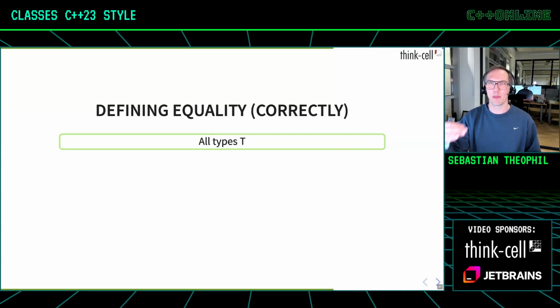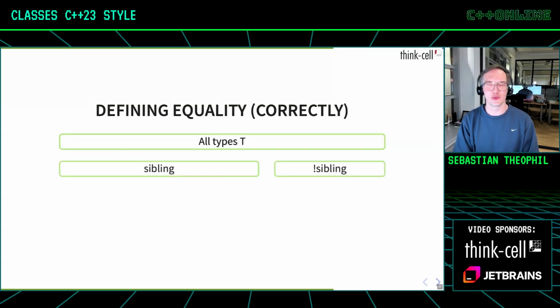And then we have to do step-by-step comparison operations that consistently partition this entire space into smaller and smaller groups, so that you don't forget to make an important comparison that you should make. So here, when we're defining equality on that type T, the first thing we have to partition our types by is: do they have a sibling or do they not have a sibling? This is the part I forgot about.